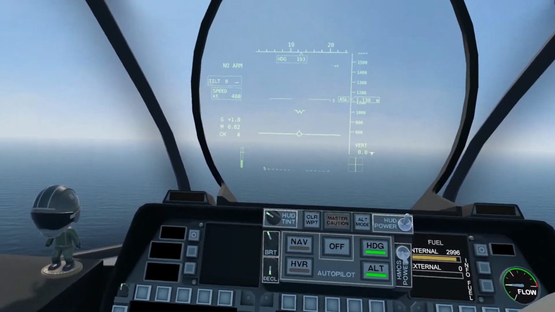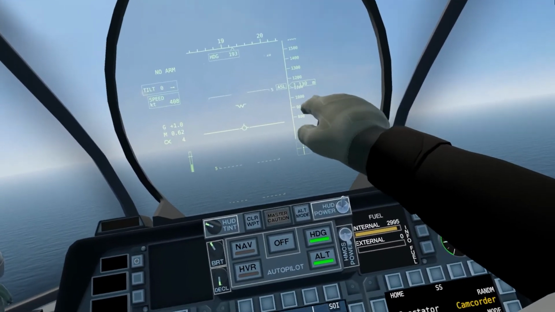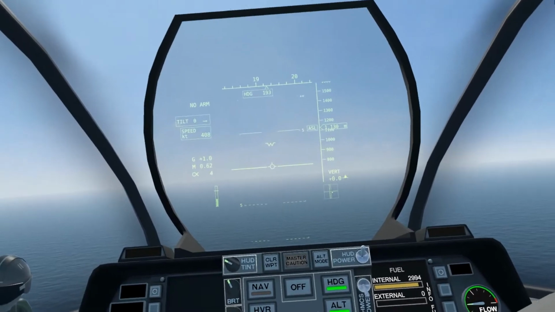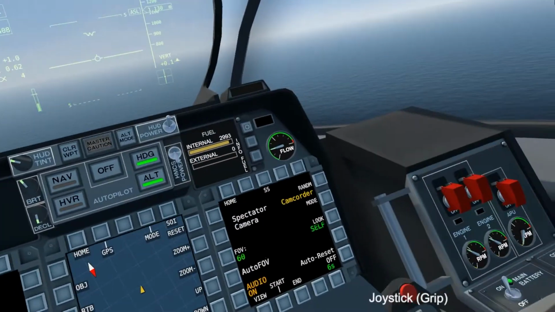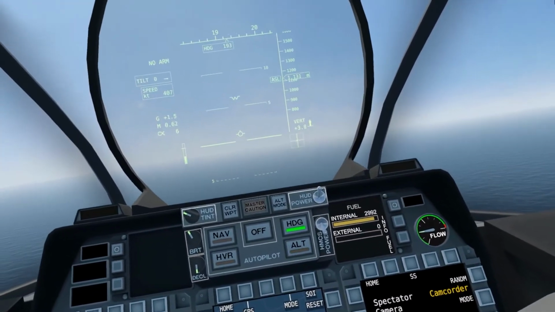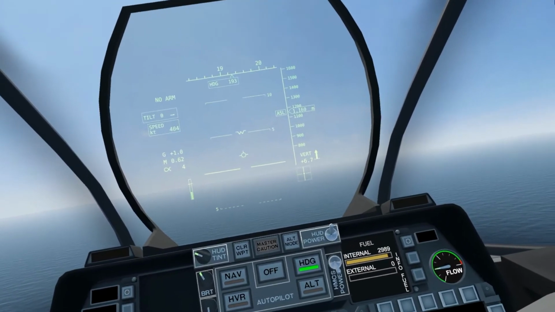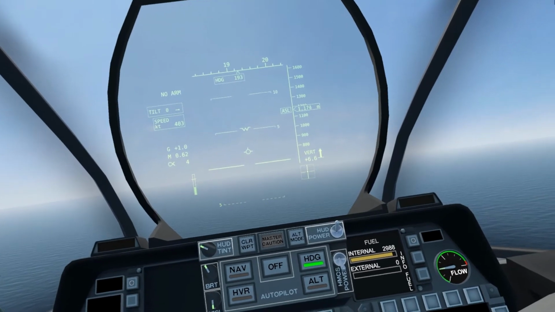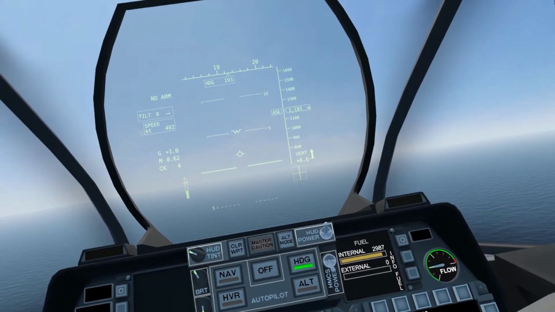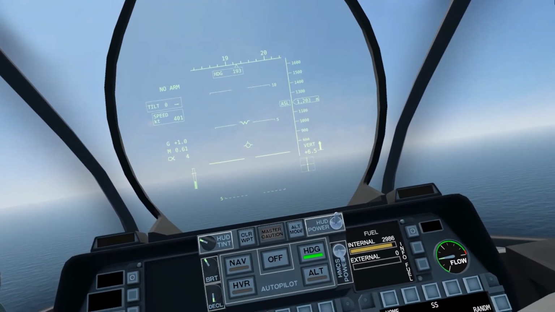Okay, so basically, the W symbol up there that's not quite to the 5-degree mark. See the W there? That is called the flight path indicator, and that's where the nose of my airplane is facing at.